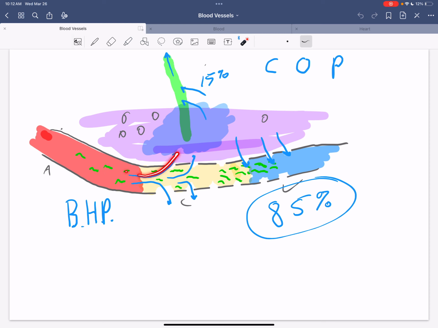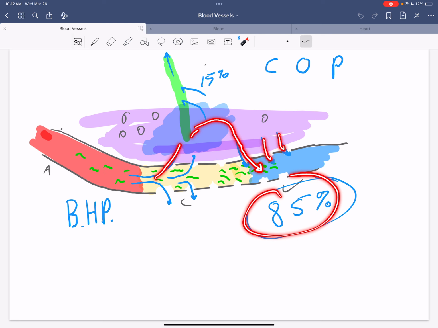So as I'm losing water, I'm not losing albumin, but because I've lost water and I've kept the albumin, functionally I have a higher concentration of the protein albumin at the end of the capillary that's closer to the venule. And what this does is the water that left here, 85% of that water will be reabsorbed at the venous end of the capillary.